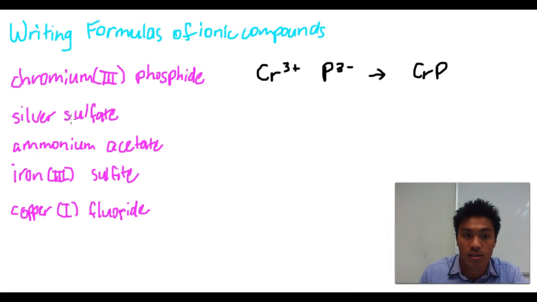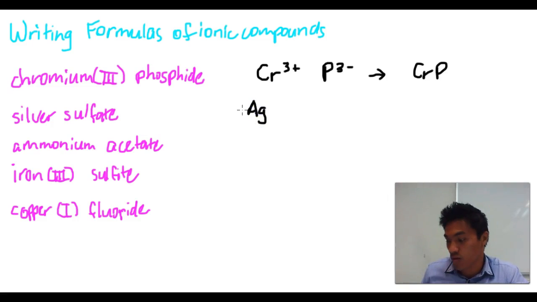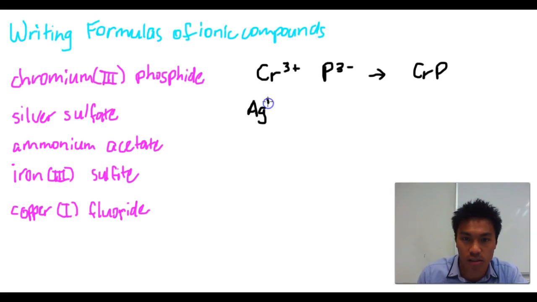Let's move on. Silver sulfate. Now silver, there's always going to be some sort of valency table around. Either you can access one, or in an exam you're most probably going to be given one. But silver we can always remember, and it's never going to change. It's going to be silver plus.